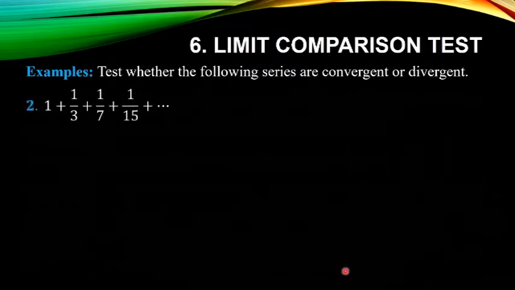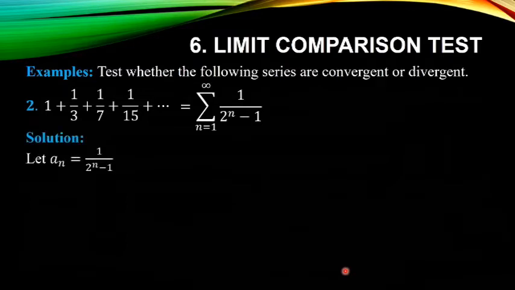Example number 2, we have 1 plus 1/3 plus 1 over 7 plus 1 over 15 plus so on and so forth. This is equivalent to the summation of 1 over 2 raised to n minus 1. As a solution, let a sub n be equal to the summand, 1 over 2 raised to n minus 1.